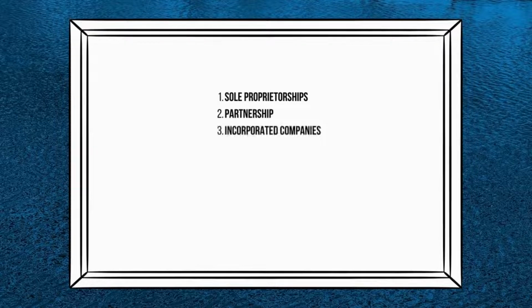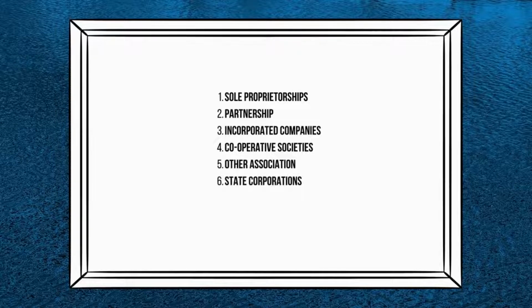We will be discussing 7 different business organizations we studied in our previous video. They are sole proprietorships, partnerships, incorporated companies, cooperative societies, other associations, state corporations, and departments.